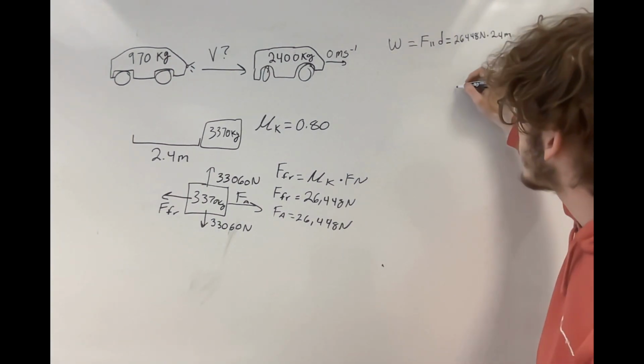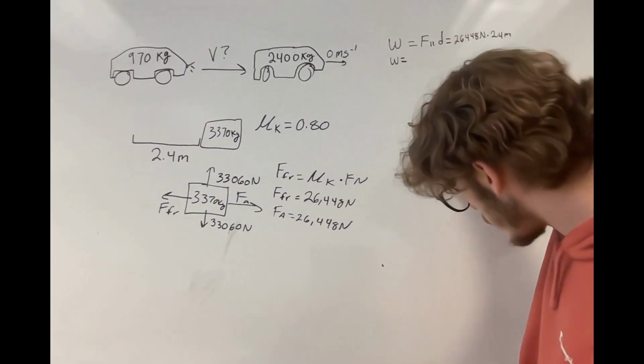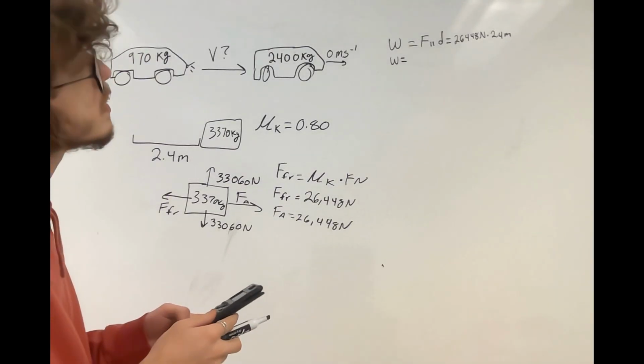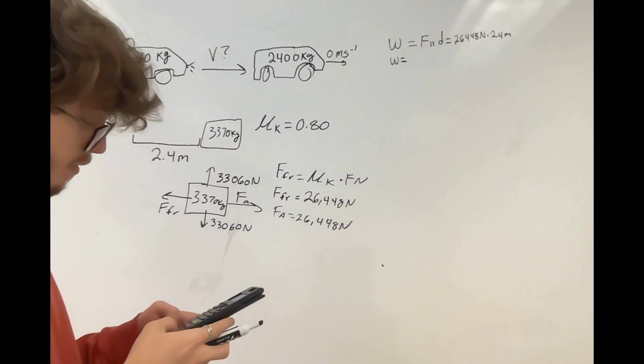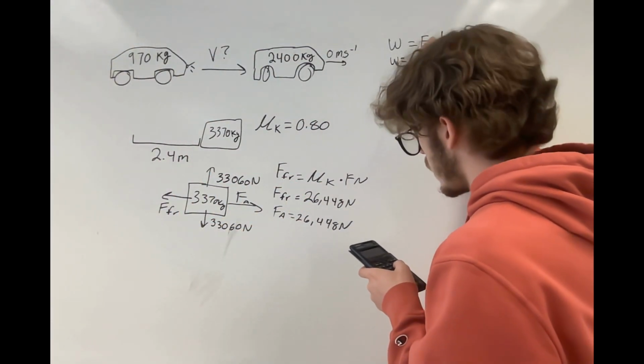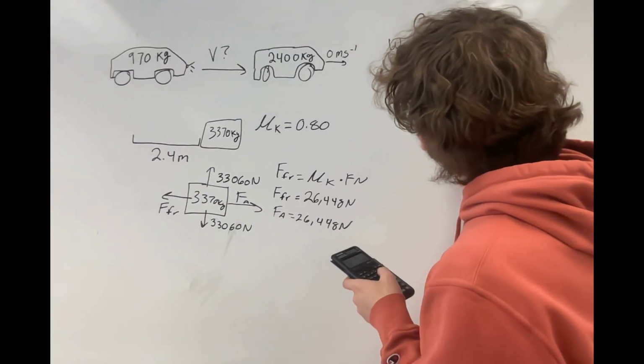When we multiply it together, we get a newton meter, which is a joule, which is good because we want work. So 26,448 times 2.4 meters is going to give us an overall work.